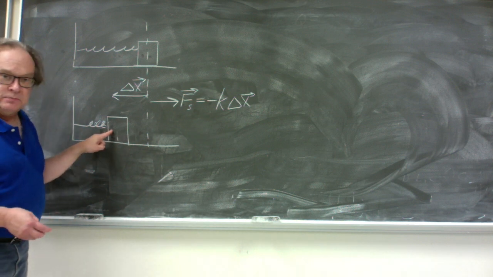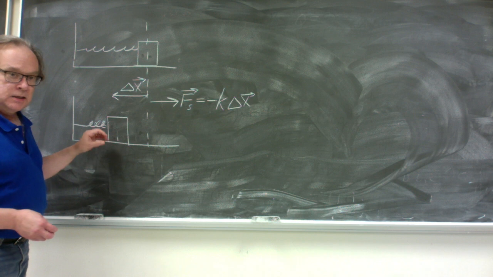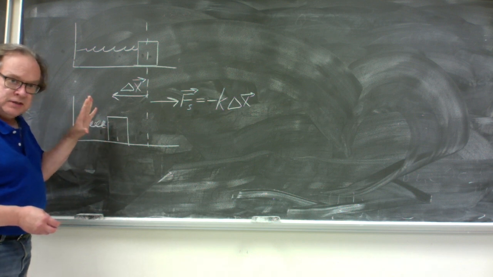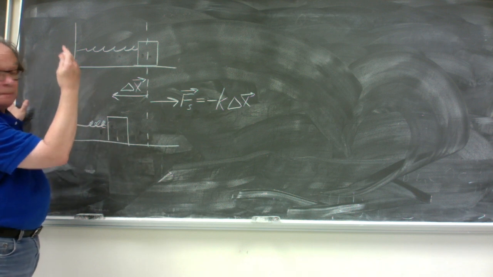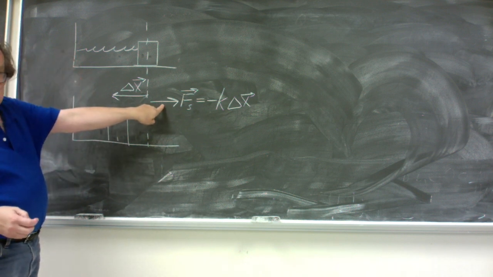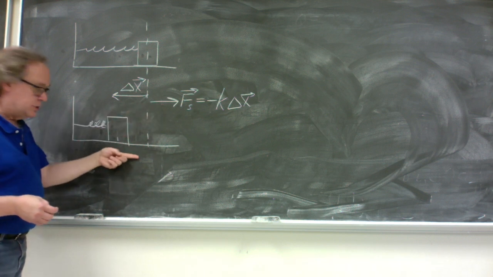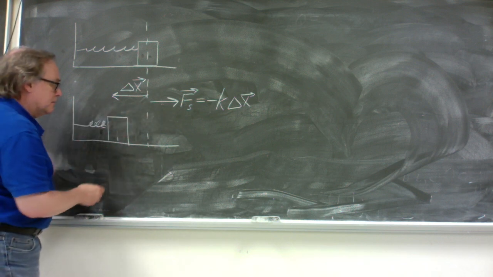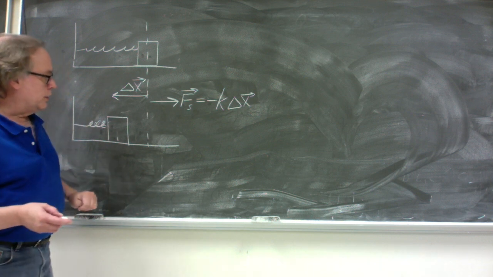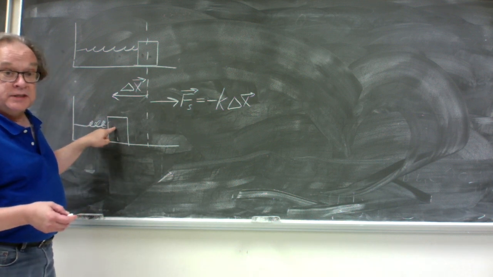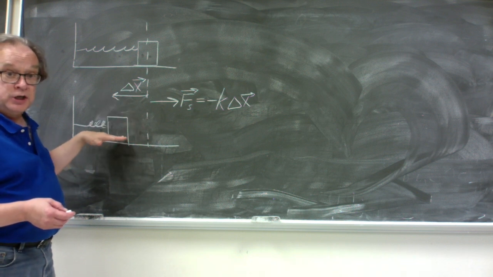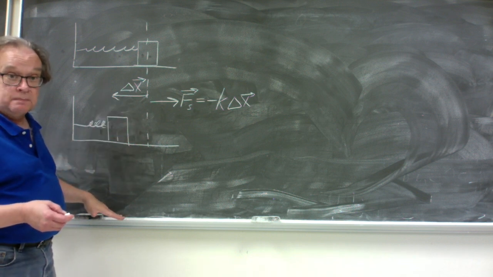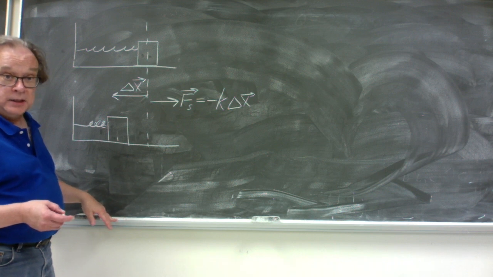Let's think about what's going on here. Let's say I pushed the mass and now I let go. Well, there's a force acting on that mass, a force pushing this way. The only other forces on this mass are the normal force from this surface pushing up and then weight pushing down, and those two forces will cancel out.